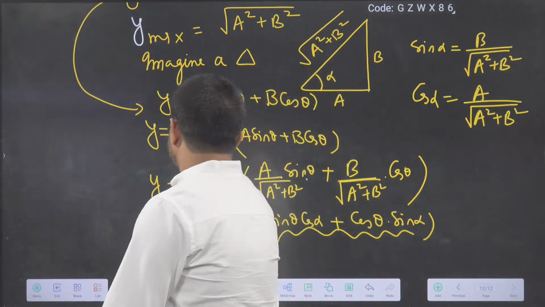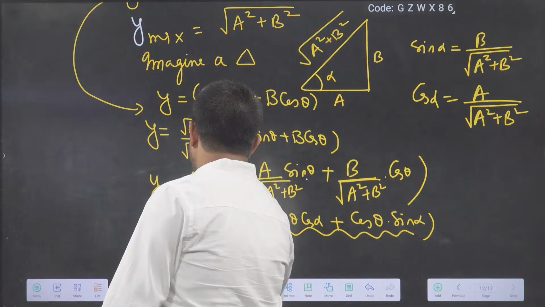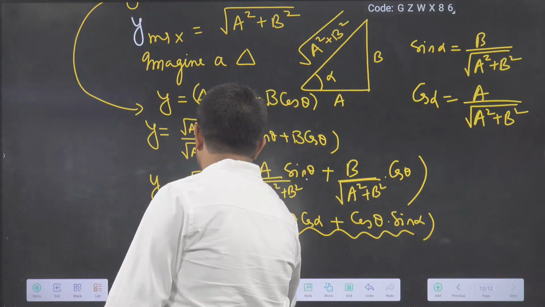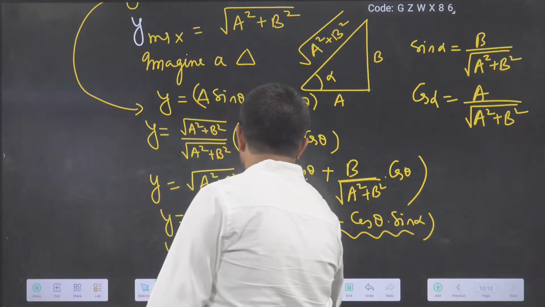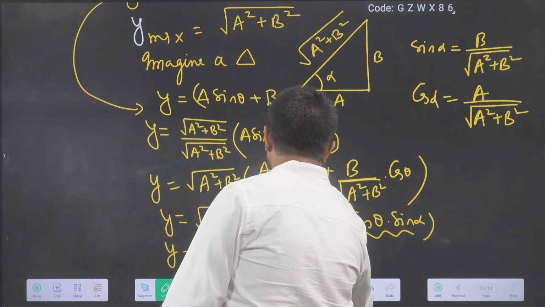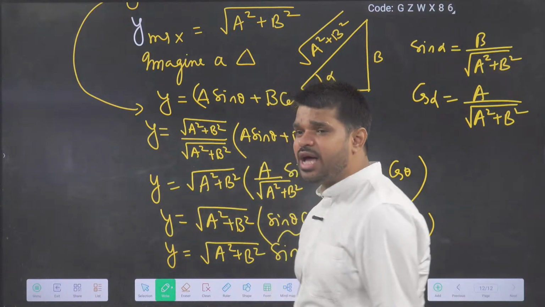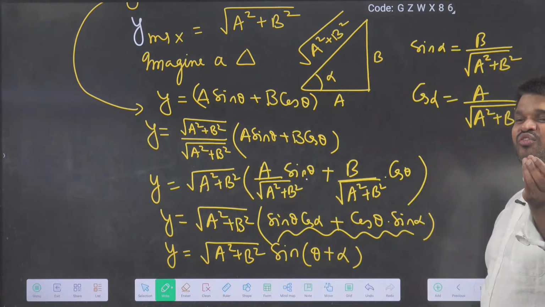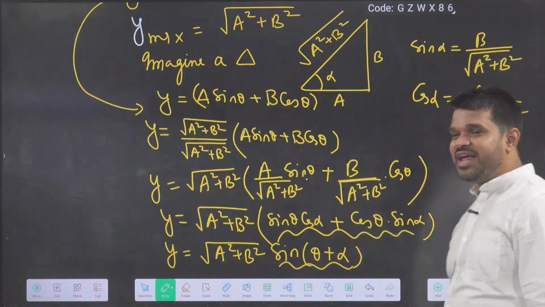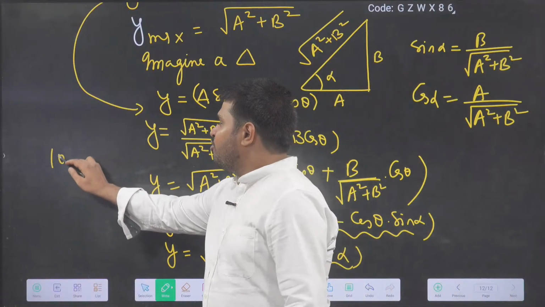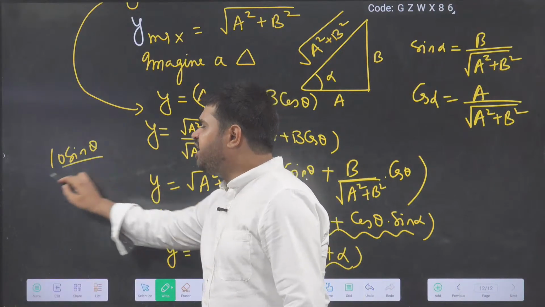So I will write it as Y equals under root of A square plus B square into sine of theta plus alpha. Now, proof is done. Tell me, what is the maximum value of 10 sine theta?